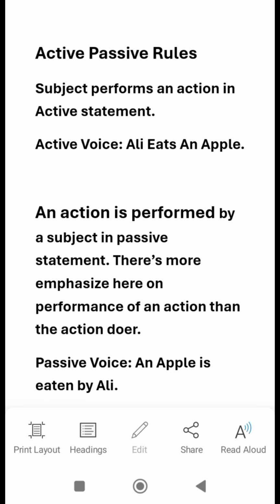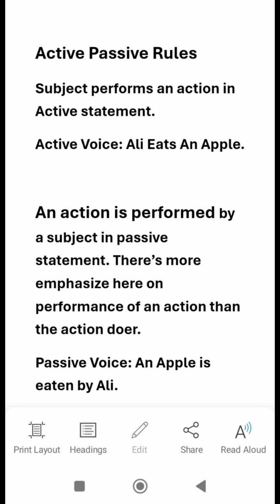Now, in passive voice, an action is performed by a subject, right? There's more emphasis here on performance of an action than the action doer, right? So action doer पे या subject पे जोर नहीं है, rather action की performance पे जोर होता है passive statement में. For instance, an apple is eaten by Ali.